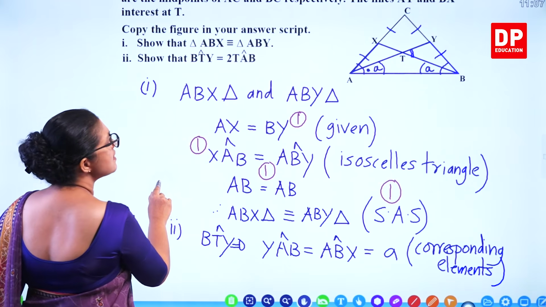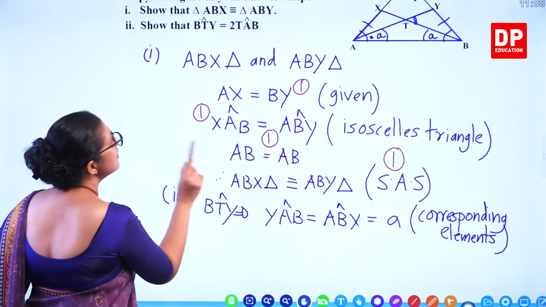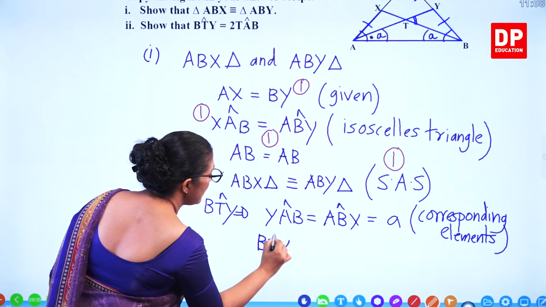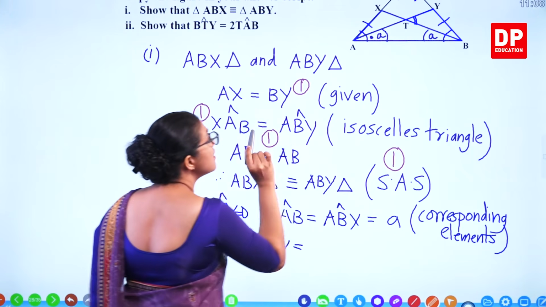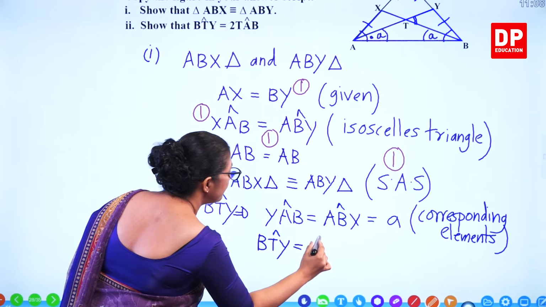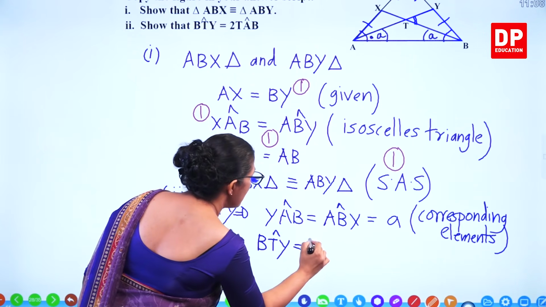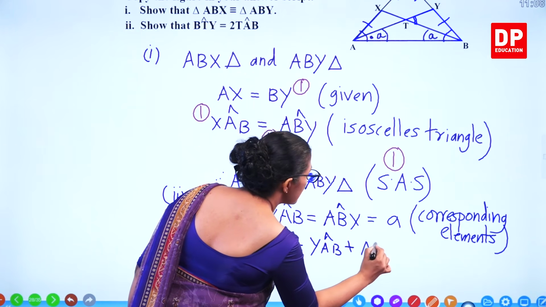Now, what's the BTY angle? Can you see? BTY angle is the sum of these two angles. This is the exterior angle. So TAB or YAB angle plus ABX angle.